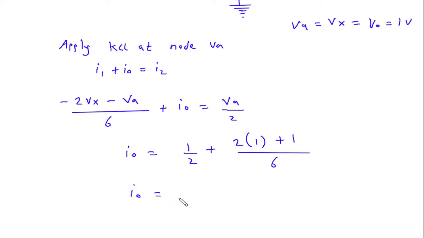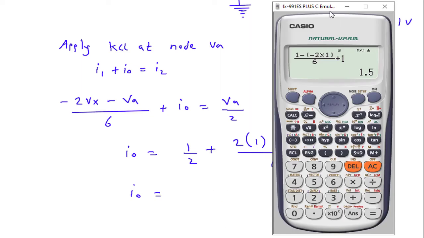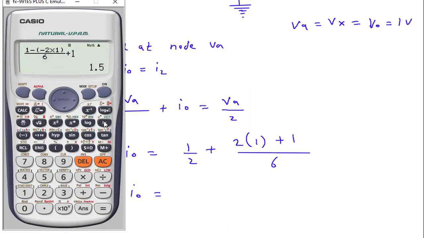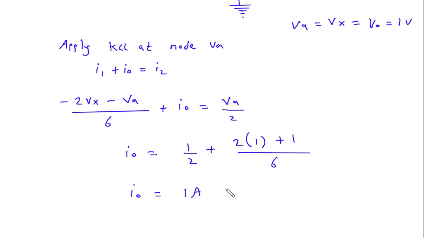So IO is equal to 1 by 2, then plus 2 into 1 plus 1 by 6. So this is equal to 1 ampere.